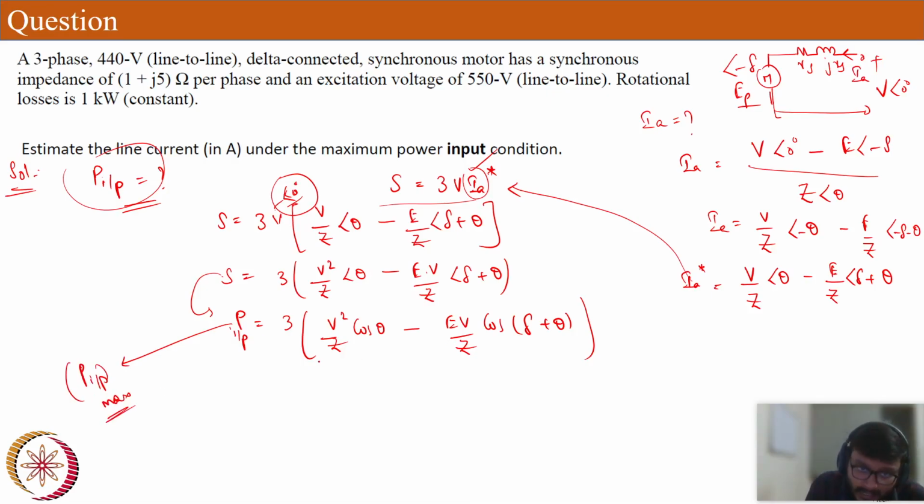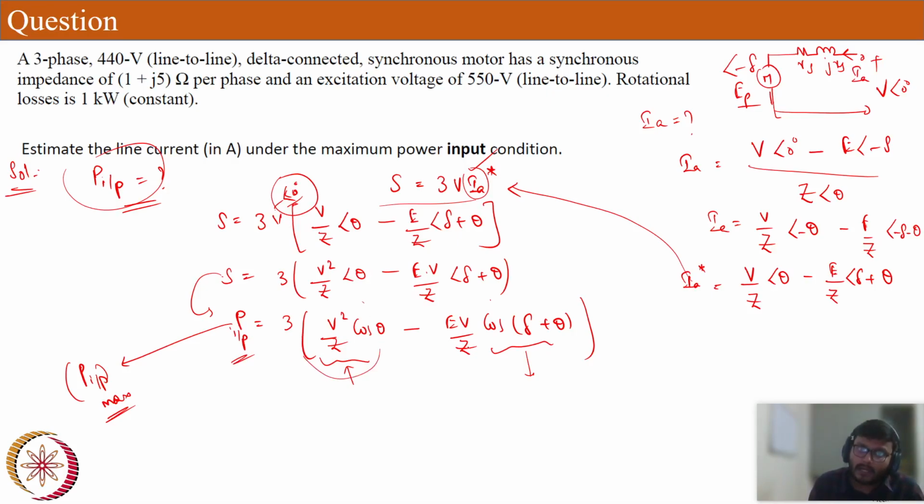There are two terms here, and one term is subtracted from the other. To make the power maximum, the first term should be maximum and the subtracted term should be as minimum as possible.